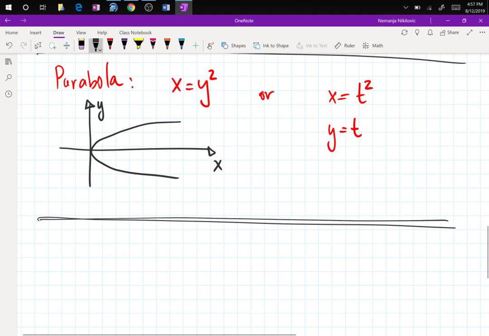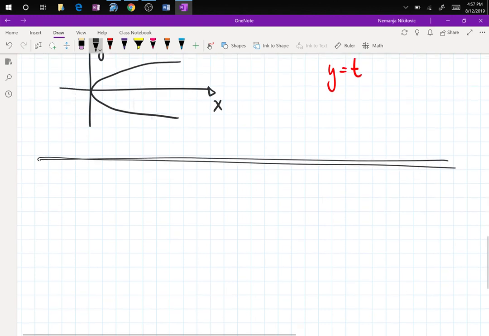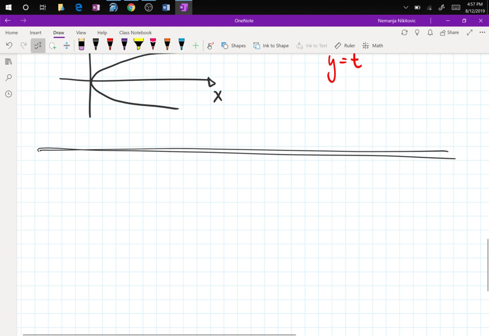For certain things, it's completely pointless to use parametric equations because there are absolutely zero benefits. So y equals 3x plus 5.